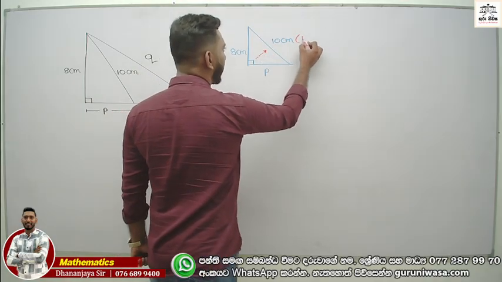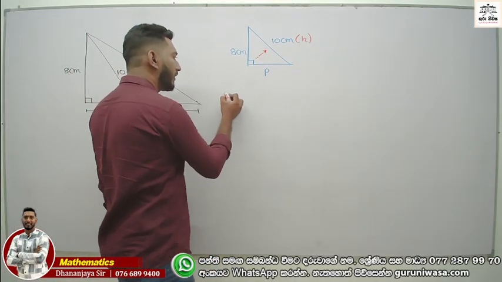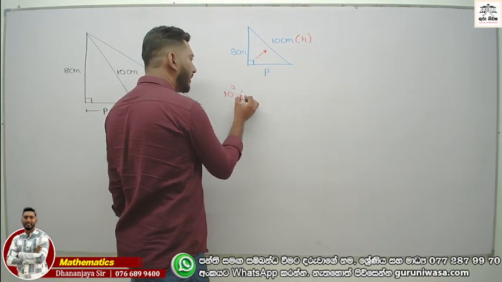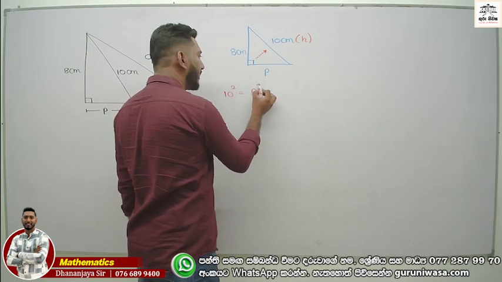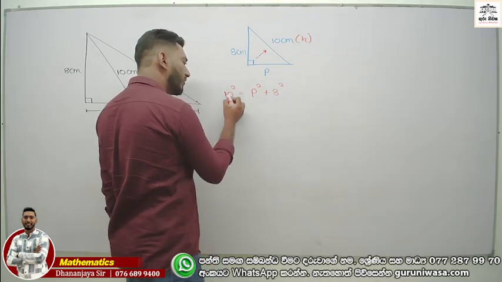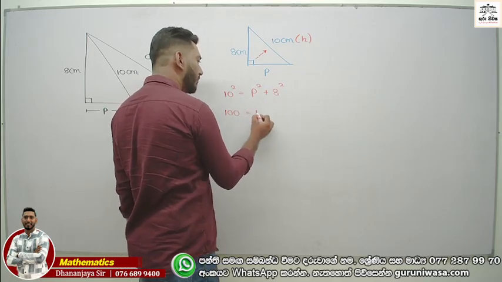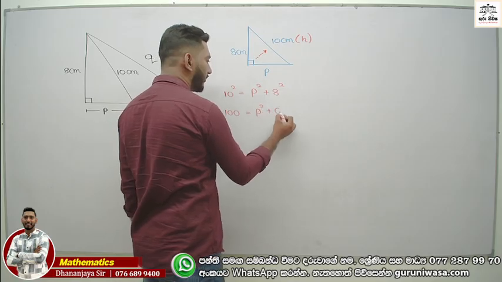This one is what we call the hypotenuse. Now we can use the formula. 10 to the power of 2 is equal to p squared plus 8 squared. Now 10 squared is 100, equal to p squared plus 64.